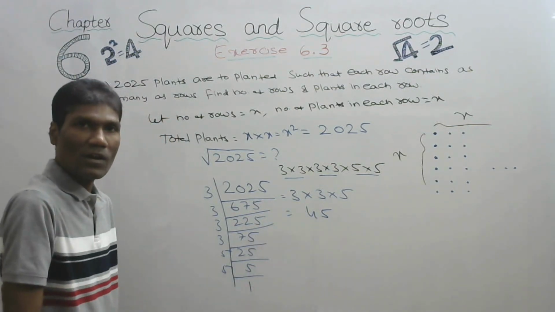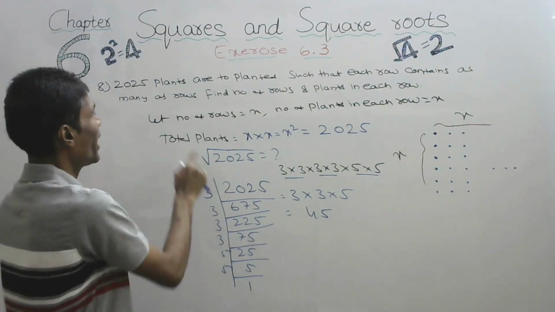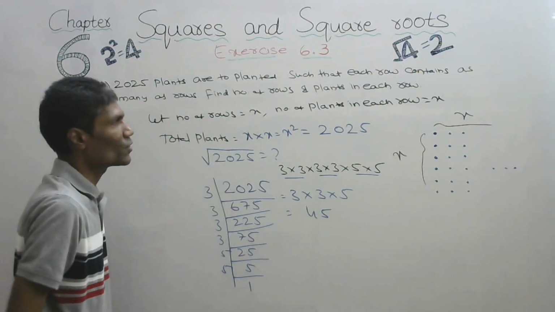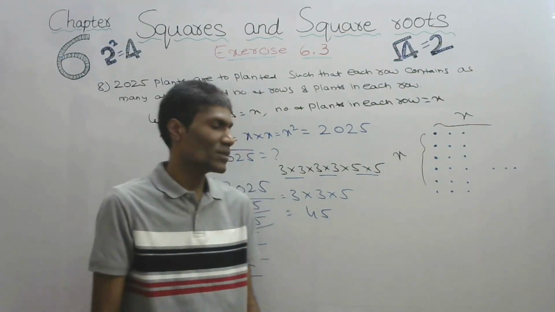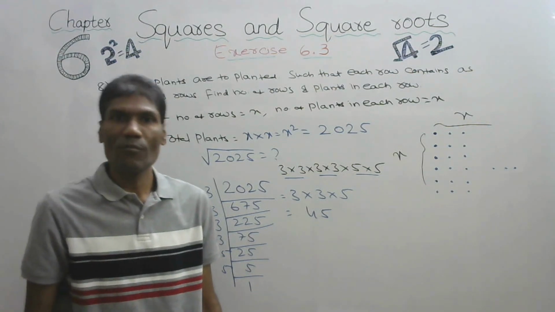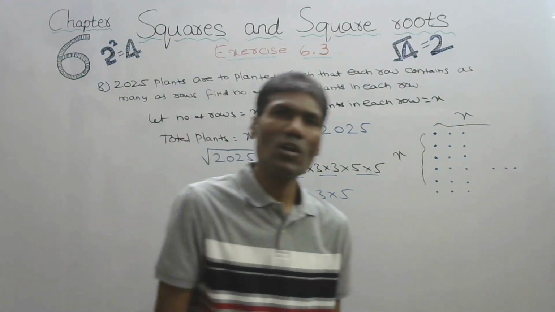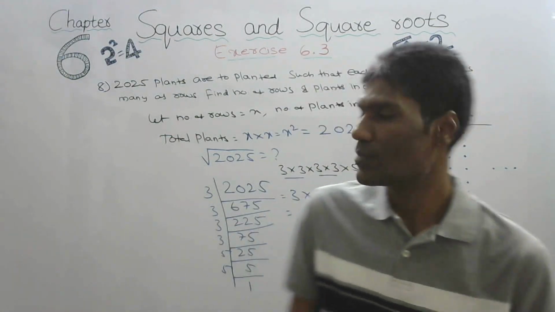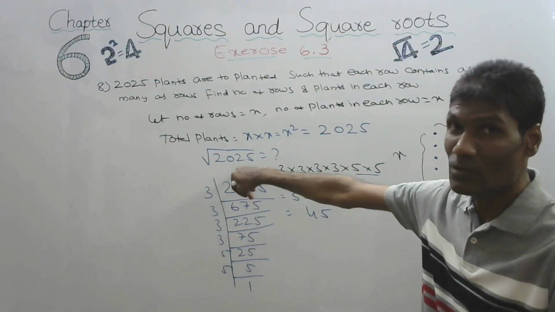What is the value? The number of plants in each row and also the number of rows. What is asked? Find the number of rows and plants. The number of rows are 45 and the number of plants in each row are also 45. Instead of doing this, directly we can find the value.